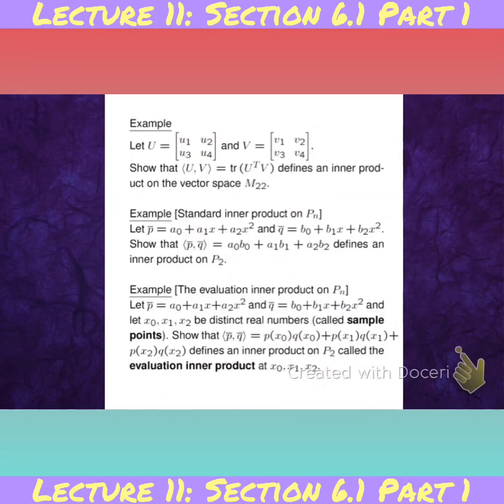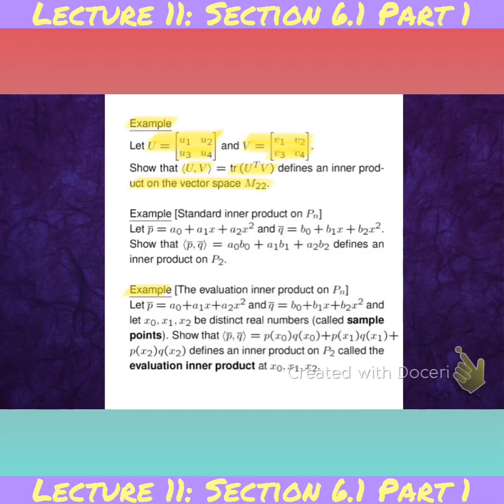We have some additional examples. We'll quickly look at the proof of the first example and the third example. First example is, again, you've got the vector space of 2 by 2 matrices where the entries are real numbers, and you're asked to show that this particular product defined in that way defines an inner product on the vector space M22.